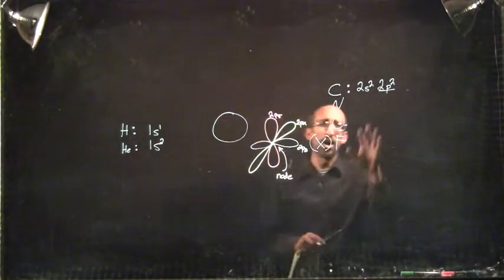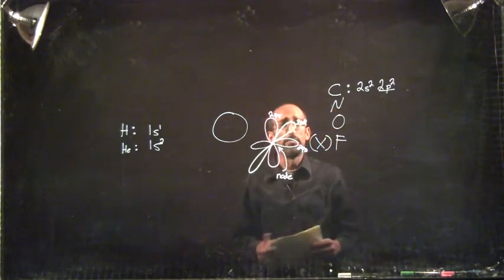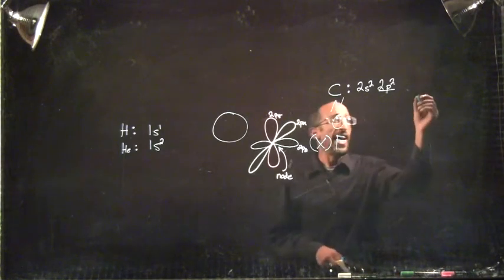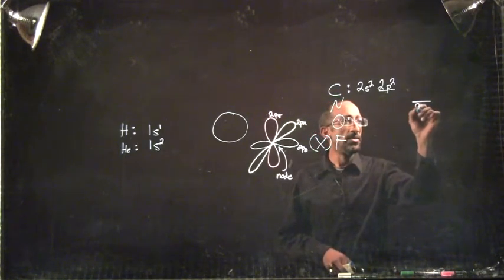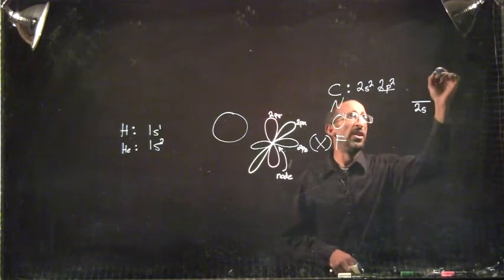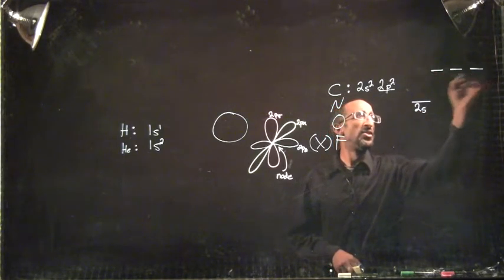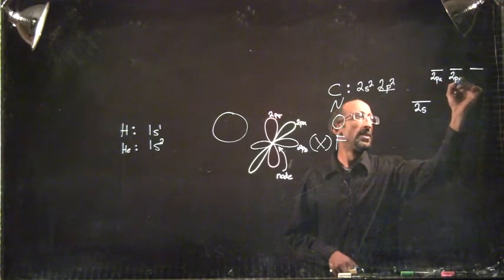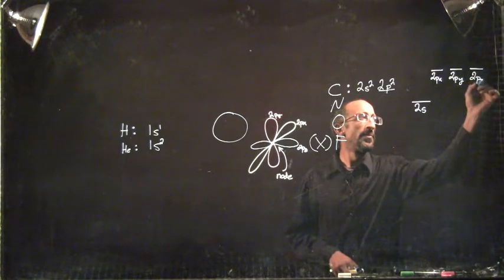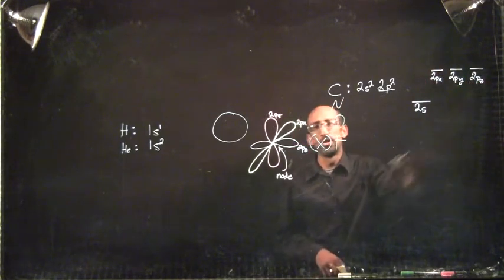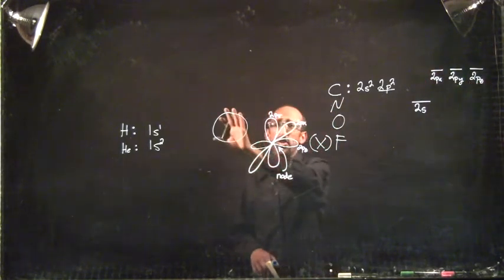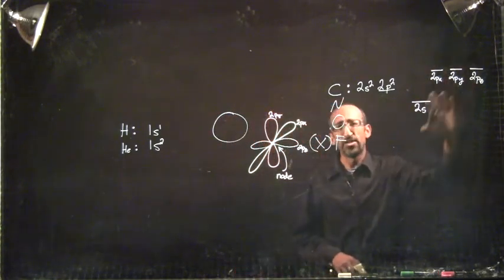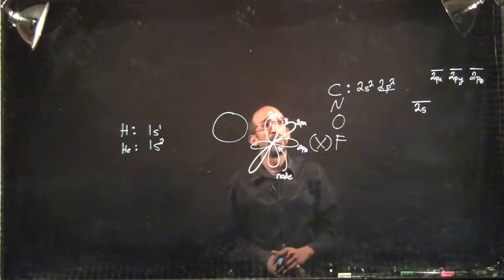For example, with carbon, where we have electrons in both a 2s orbital and in 2p orbitals, the energy level of the 2s orbital would be lower than any of the energy levels of the 2p orbitals, because each of the 2p orbitals has a node, whereas the 2s orbital, which is spherical, does not have a node, right? So we want to keep this energy distribution in mind as we move through.